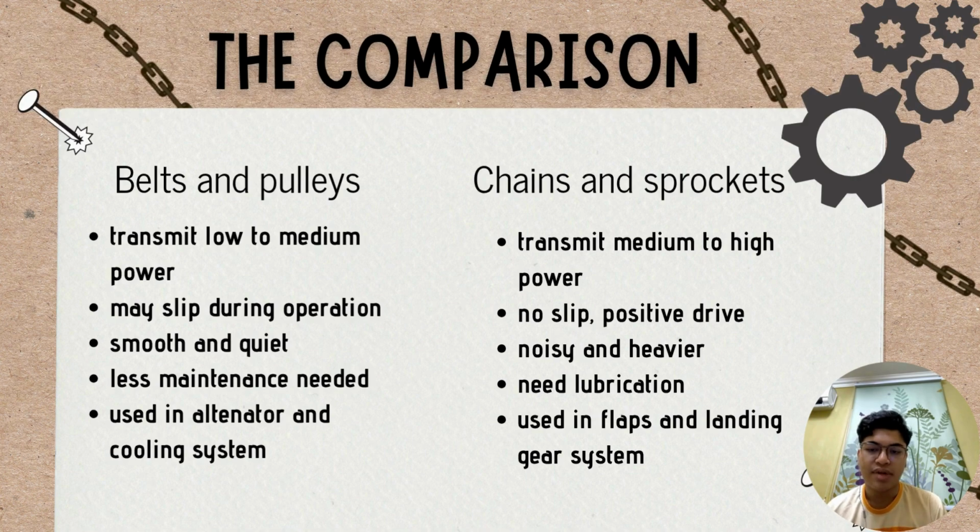Chains are stronger but heavier and noisier, while belts are quieter and lighter. Chains need frequent lubrication, whereas belts only need tension and alignment checks. In short, chains are used in flap and landing gear systems, while belts are used in alternator and cooling systems. So each system has its own advantages depending on what an aircraft component needs.